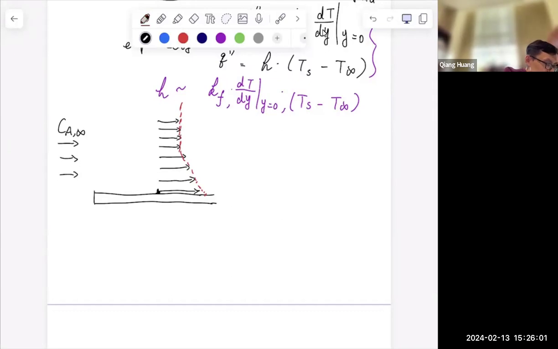And of course, the boundary layer thickness is also defined as this, but this is the mass transfer boundary layer.